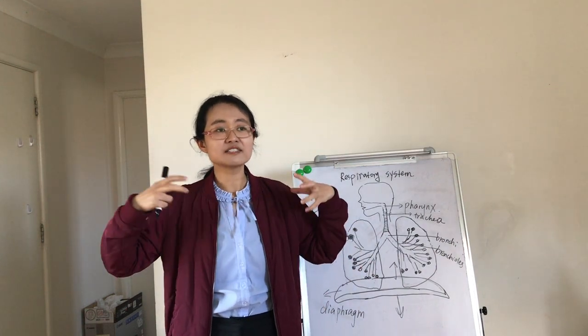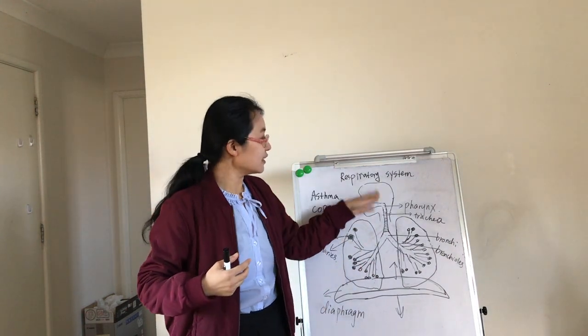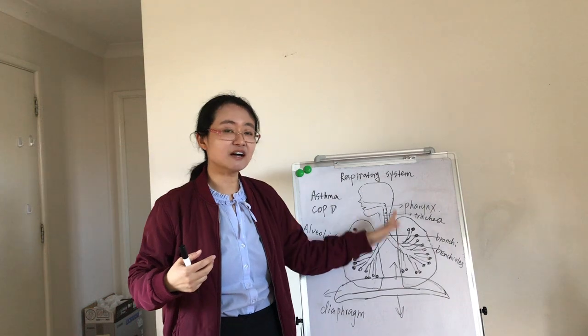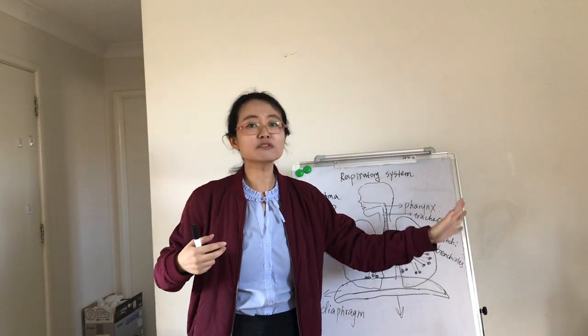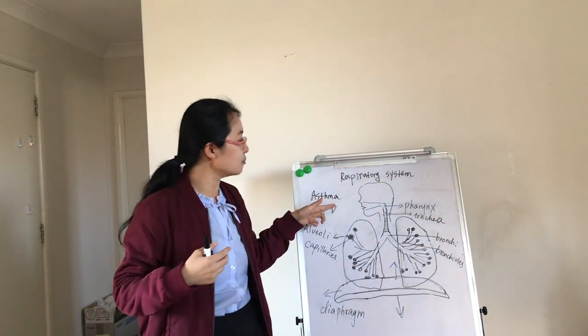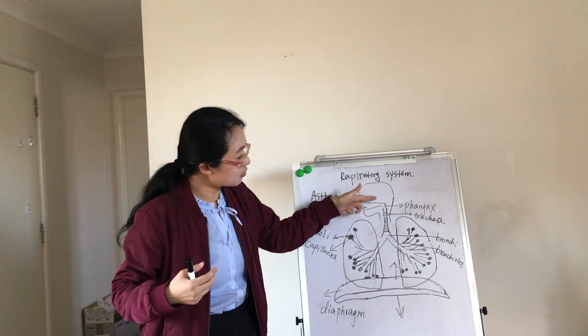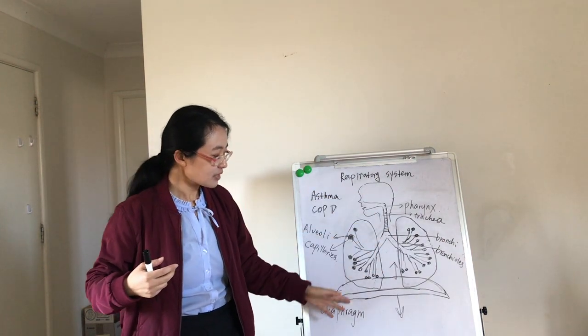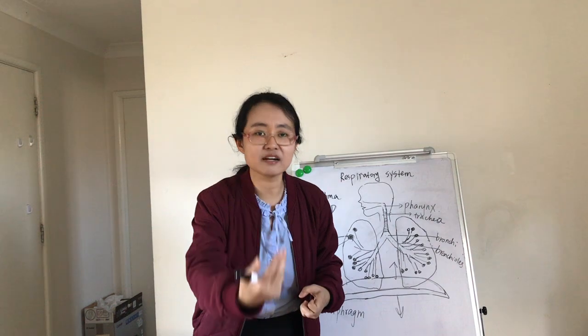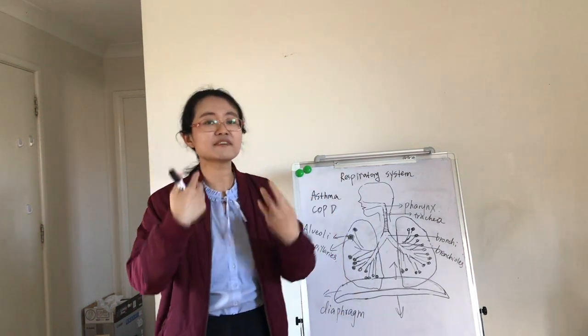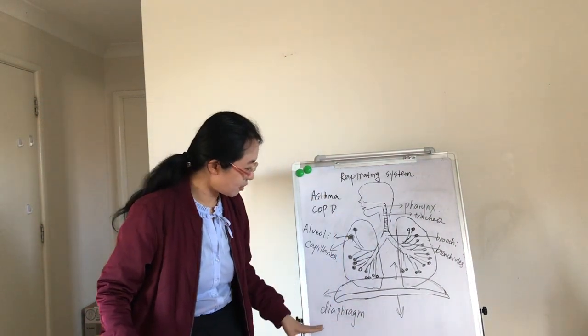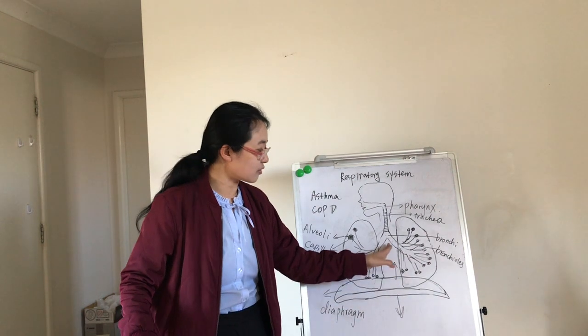There is more space in the lung, so the pressure inside the lung will be lower than the atmospheric pressure, and then the air will flow into the lung. When you exhale, when you breathe out, the diaphragm will move upwards.